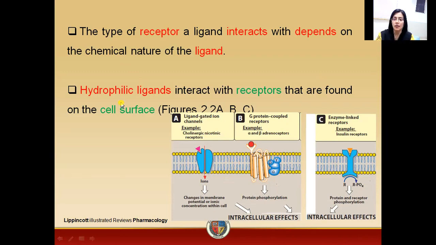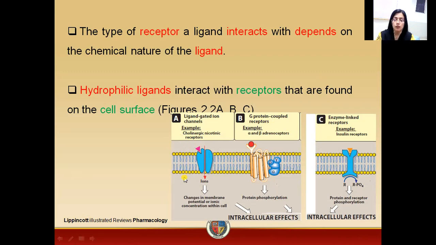So, in this case, your ligand will bind itself to the external site of the receptor as shown in the figures of the Lippincott Illustrated Review Pharmacology. In these figures, figure A, B, and C, these are representing that your ligands are hydrophilic, that are not soluble in lipids, that can't penetrate through the lipid bilayer.